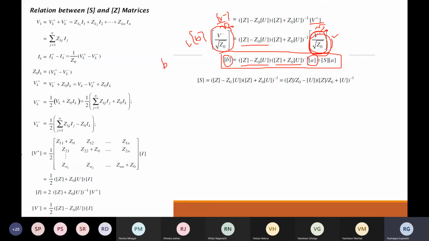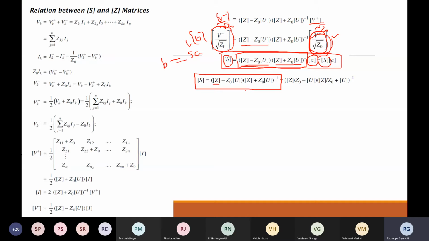But we have seen that B is equal to S into A. And here, if you observe, this is nothing but the matrix S. So from this one, we can observe that the matrix S in terms of Z parameters can be given as Z minus Z naught into U into Z plus Z naught into U, its inverse. So this is how we represent the overall equation.